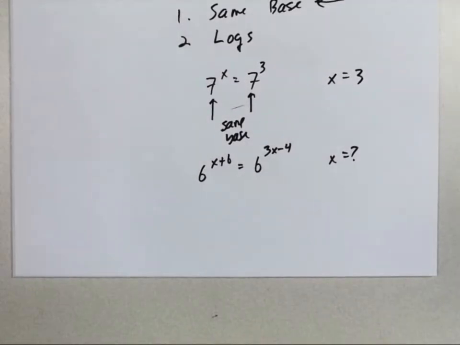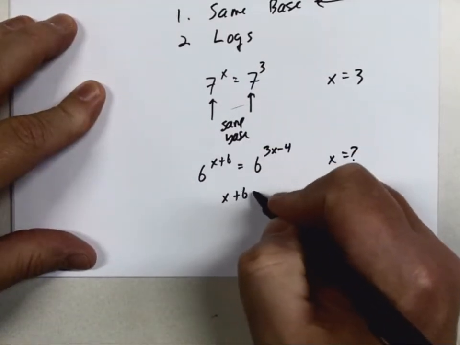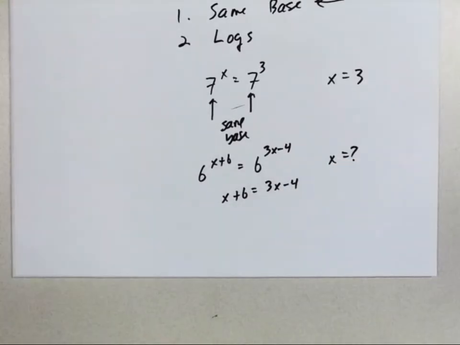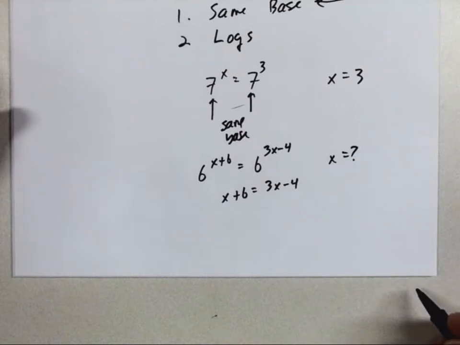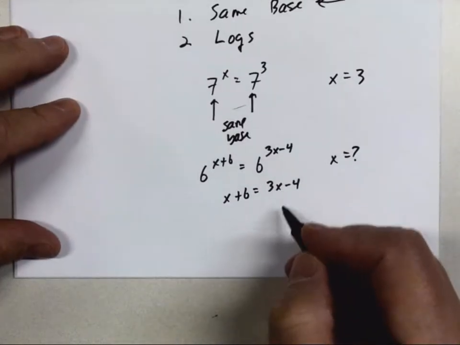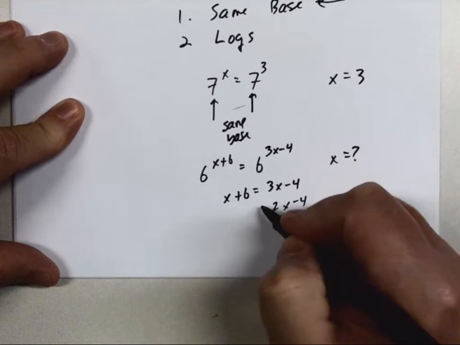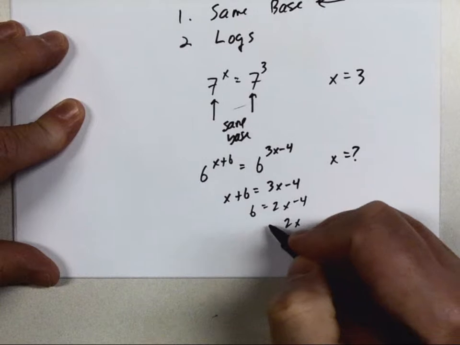If you have two exponential functions equal to each other with the same base, then the exponents have to equal each other. So I can just set the exponents equal to each other, and then I can solve this equation. And this is just like a normal linear equation. Subtract x from both sides. Add 4 to both sides.